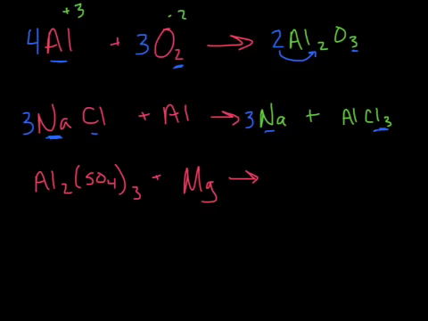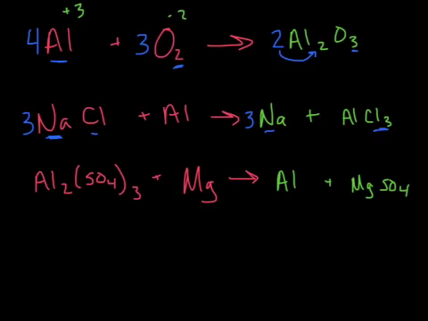Last but not least, another single replacement reaction with a polyatomic ion that we're going to have to balance. So aluminum sulfate reacts with magnesium to produce aluminum and magnesium sulfate. Oh man, here we go.